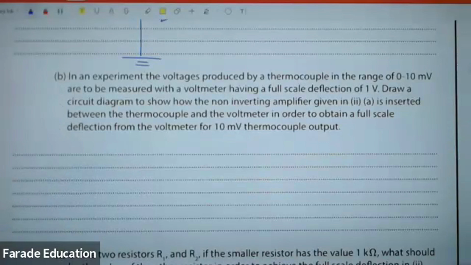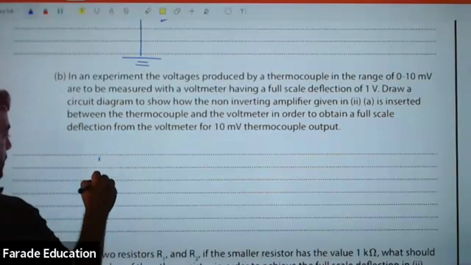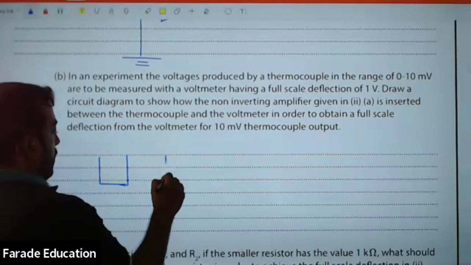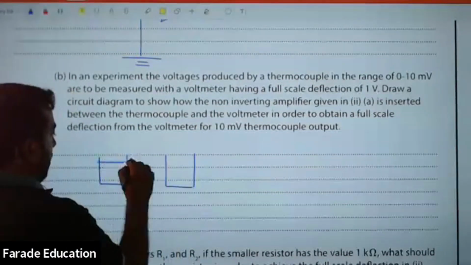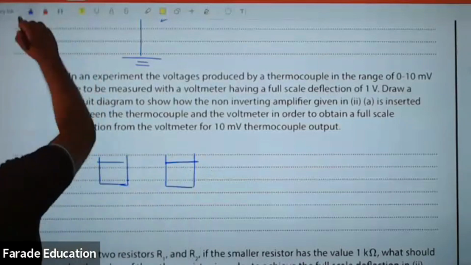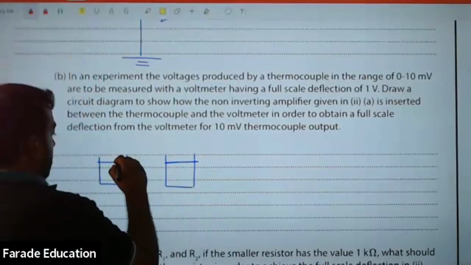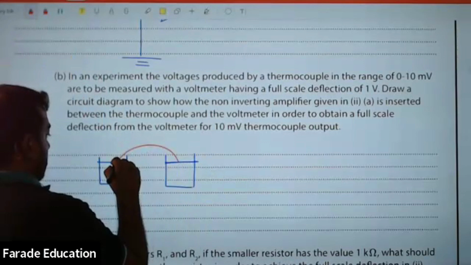So now you have to magnify this. If you don't magnify it, you're going to have a problem. How are you going to magnify the signal? Let's think. A thermocouple is always between two different temperatures, and these two are connected with each other.